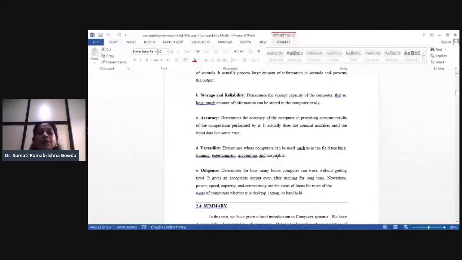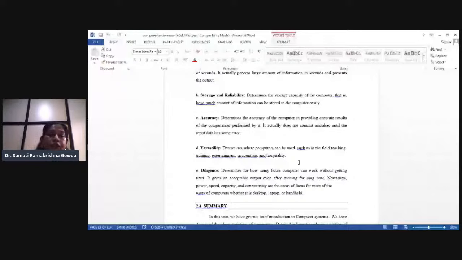Versatility determines where computers can be used, such as in the fields of teaching, training, entertainment, accounting, hospitality, etc. Versatility means one computer can be used for many purposes. I am using the computer for teaching. Some others will use it for entertainment, or the film industry may use it for filming their projects.